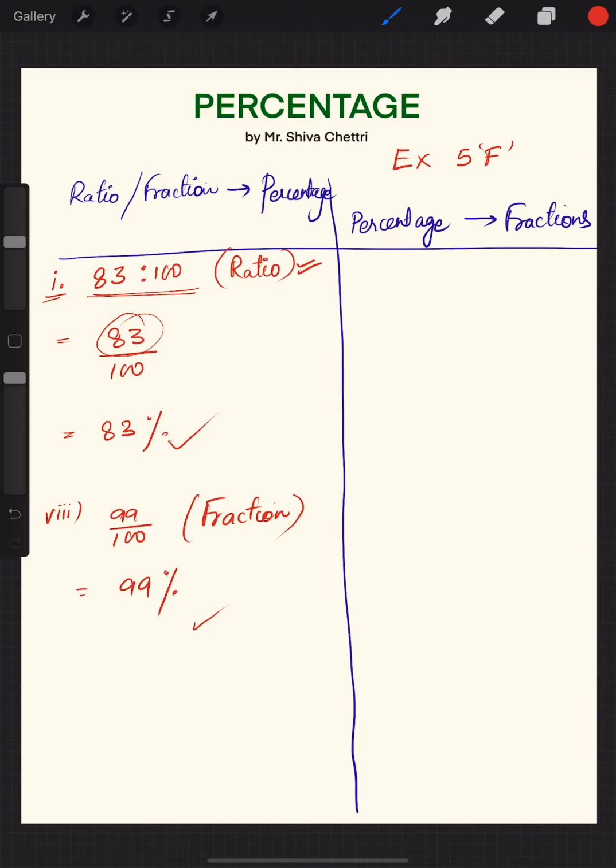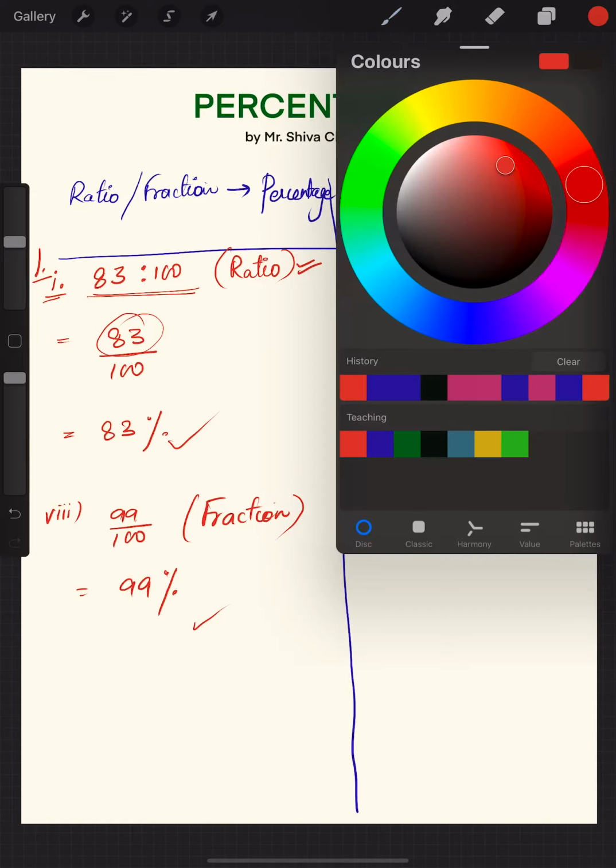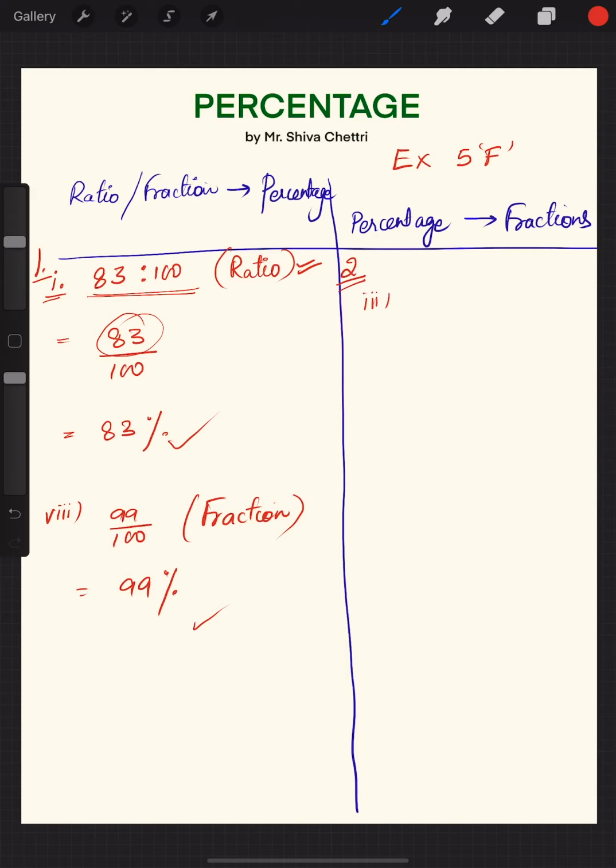But from percentage to fraction, there are two types of questions. Let's see question number 2. Let me try sub question 3. It is given as 28%.